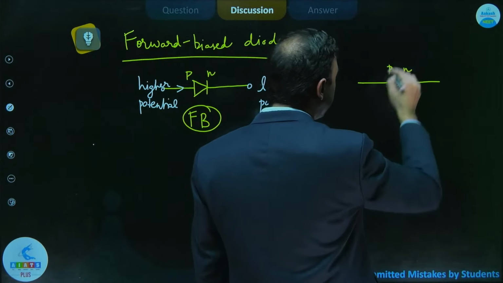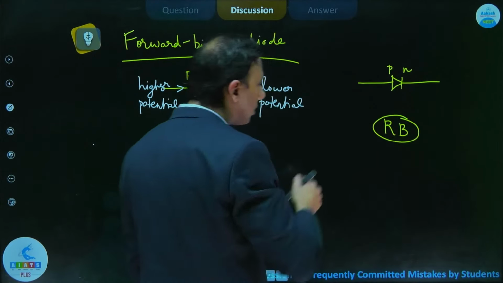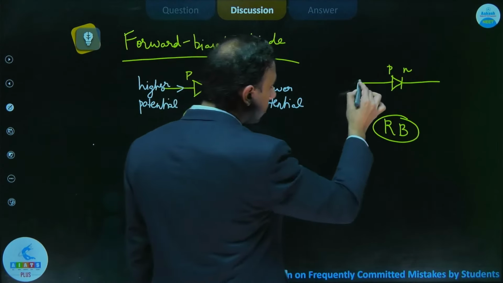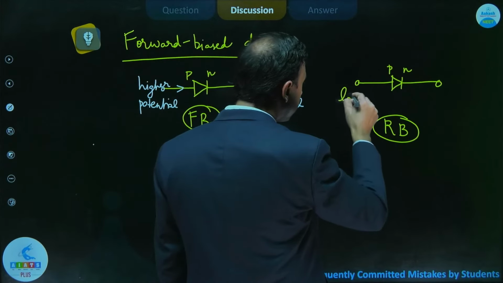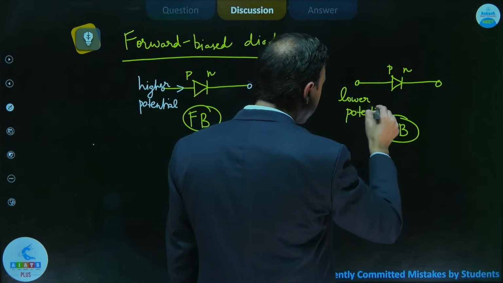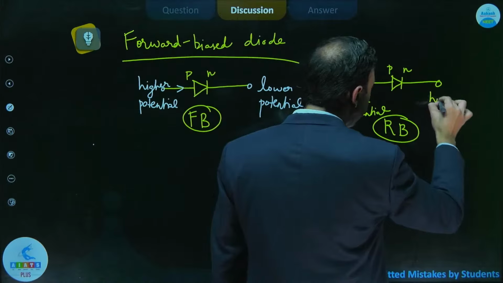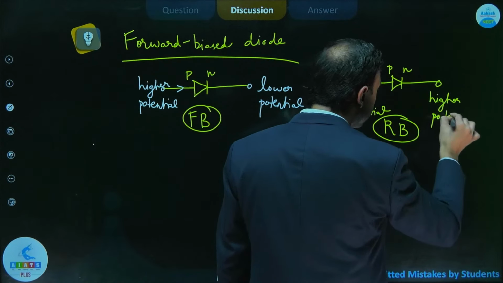This is P and this is N. So this we say is reverse bias diode, wherein this side will be connected to lower potential, while the other side, the N side, will be connected to higher potential.